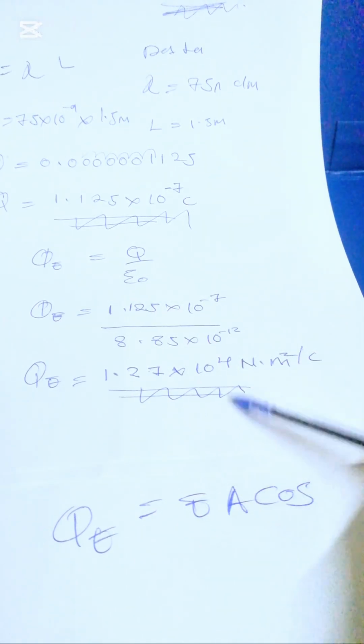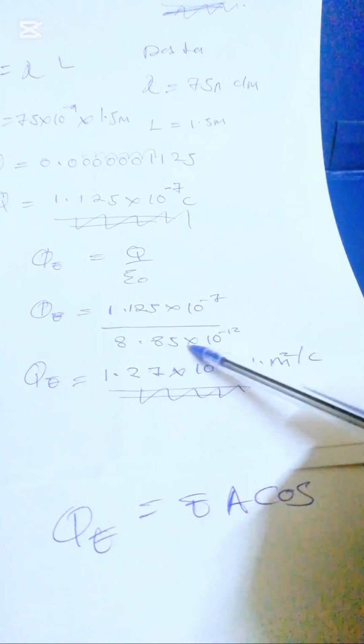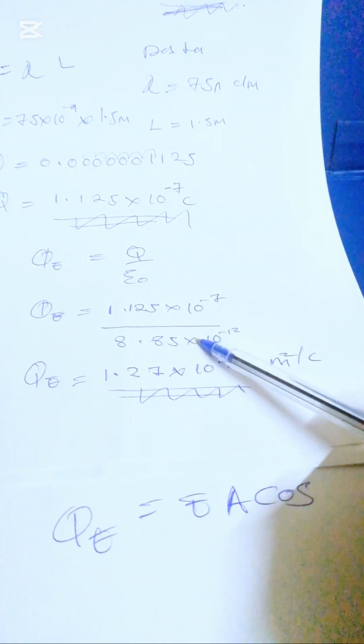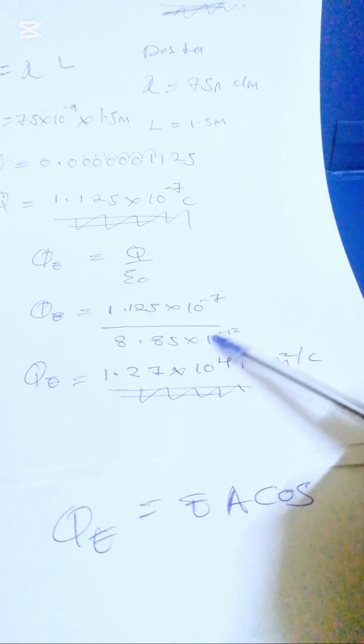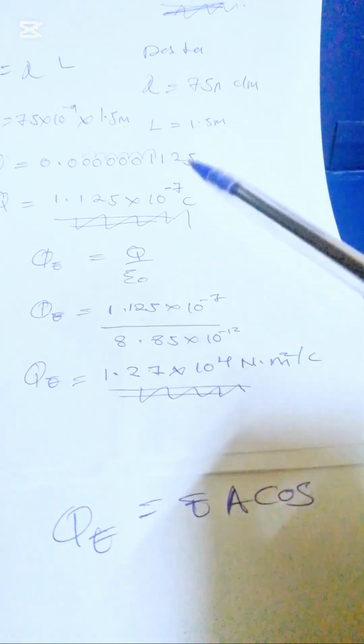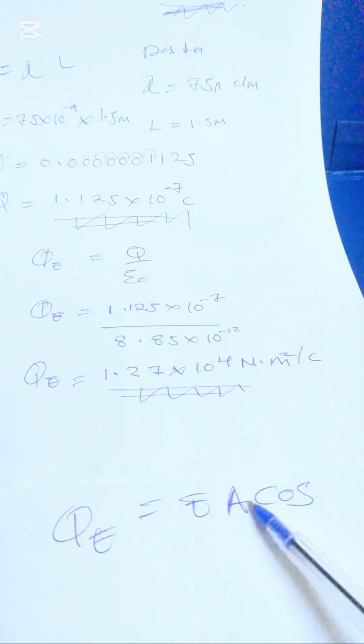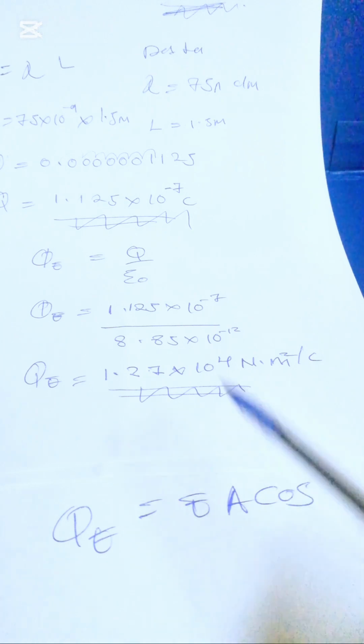You have to differentiate between these two. Here we are talking about Gaussian surfaces like a cylinder, a wire, a sphere, and a sheet, where we are unable to find the area. This formula only applies when you have a surface where you're capable of finding the area. So that's why we're using that formula.